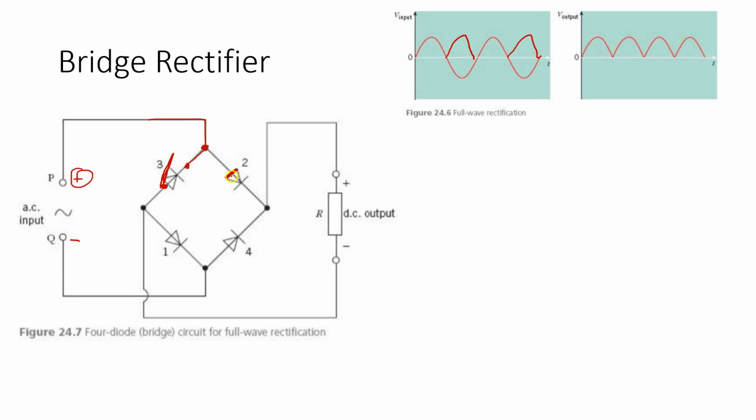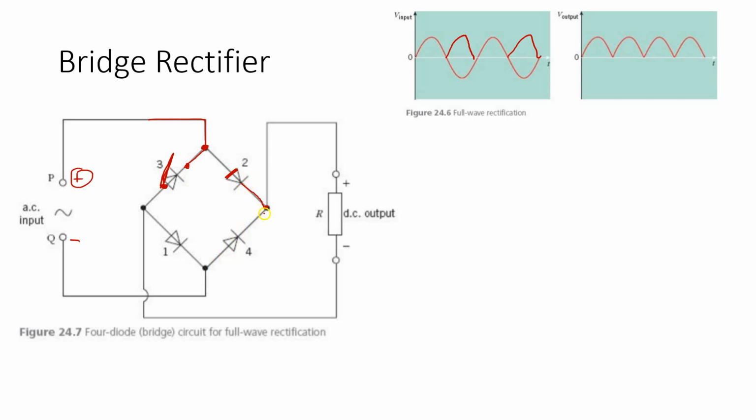And if it's in forward bias, it's going to allow electricity to flow. Now, when that electricity flows through the number 2 diode and comes to this point, mind you, anytime you're drawing your diagram, your diodes have to be positioned like this. If they're not positioned like this, then dog will eat your supper. You understand? You have to look like this.